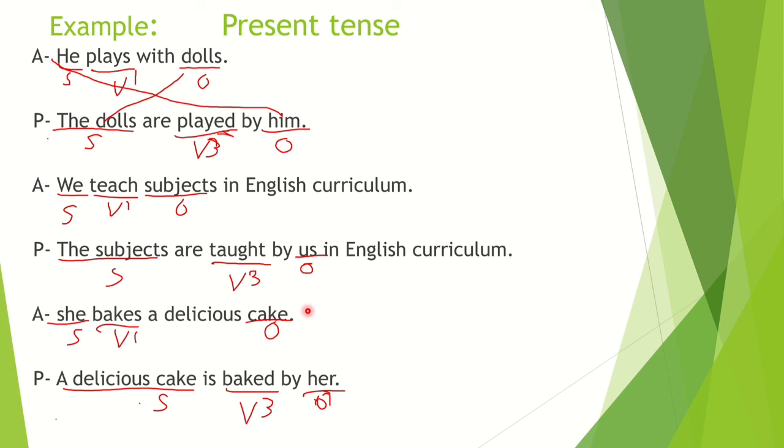A cake, that means one cake, a delicious cake is baked, the third form of bake, by her. So now our present tense form passive voice is over here.